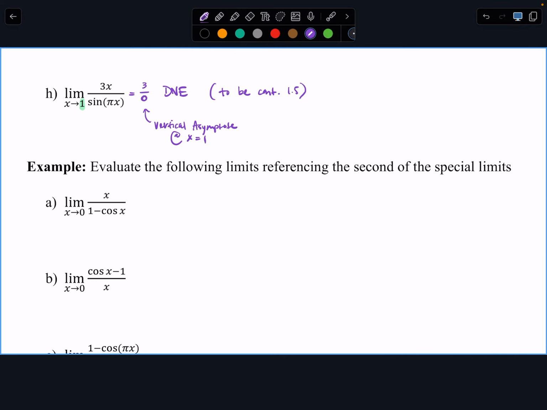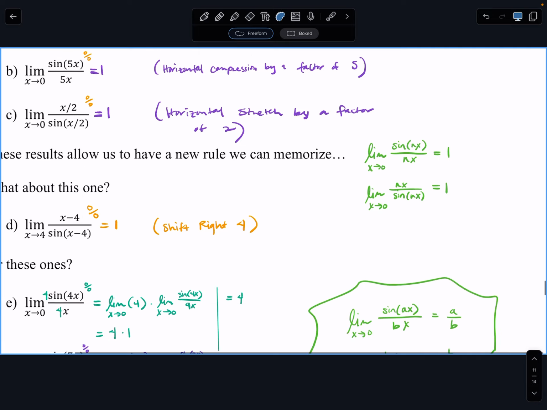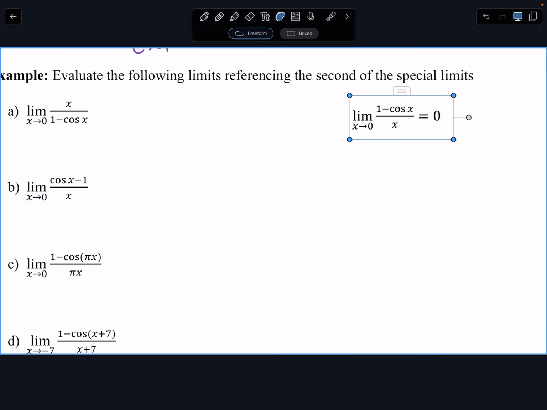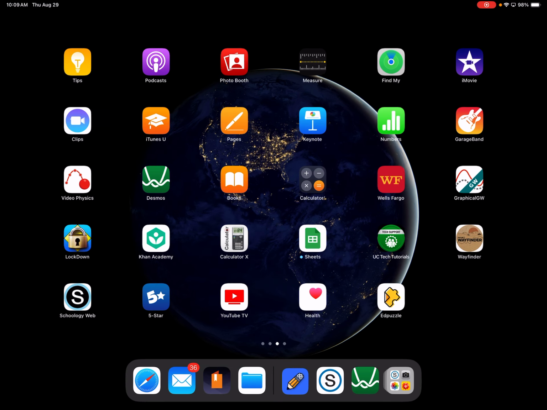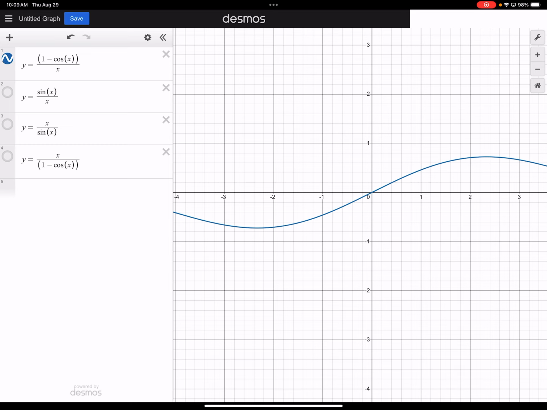So we're going to reference the cosine special trig limit. Here, I'm going to copy and paste it down here. If we look at that graph, we can see, if we plug in 0, we run into 0 over 0, but we can see that the graph is actually approaching 0 as x approaches 0.